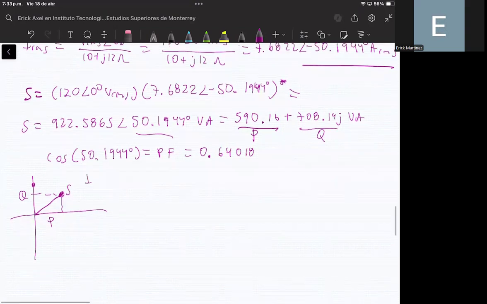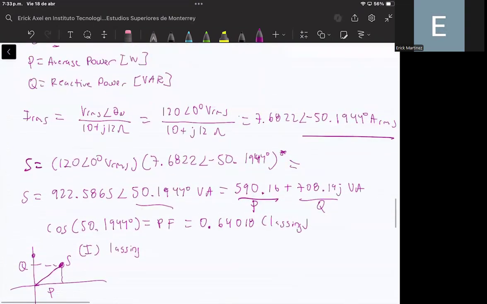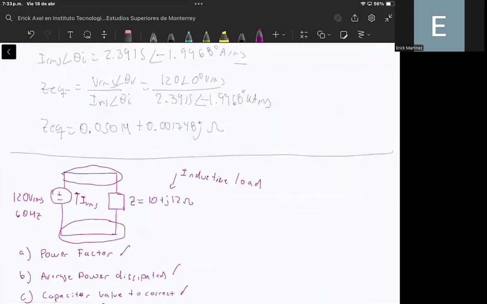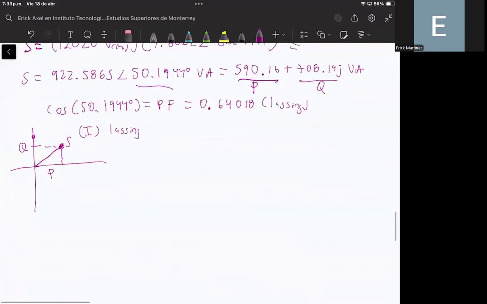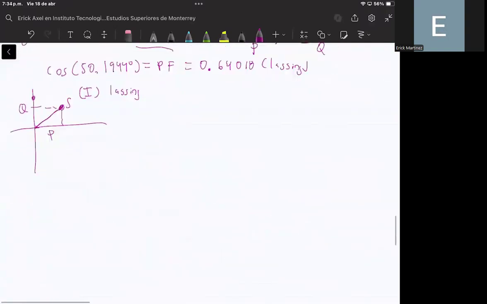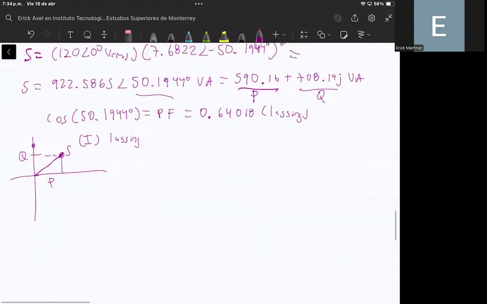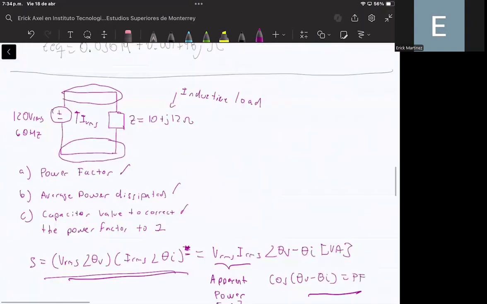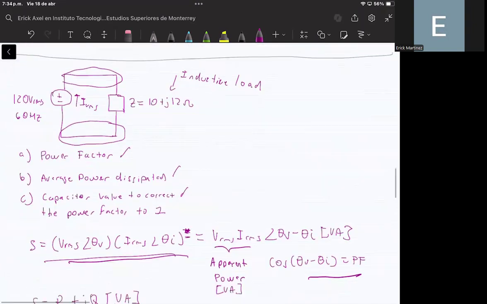Since here we are in the first quadrant, we can say that the complex power is lagging, and also we can conclude that the power factor is lagging, which is associated to the fact that here we have an inductive load. So the fact that we have a lagging power factor and the complex power is in the first quadrant of the complex plane means that we have an inductive load connected to the circuit.